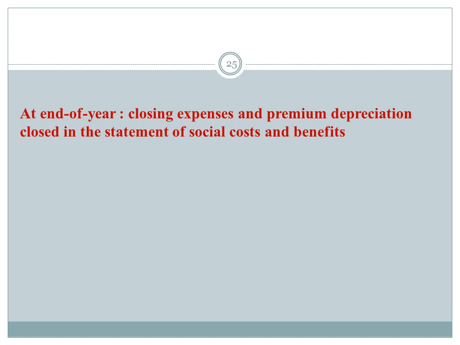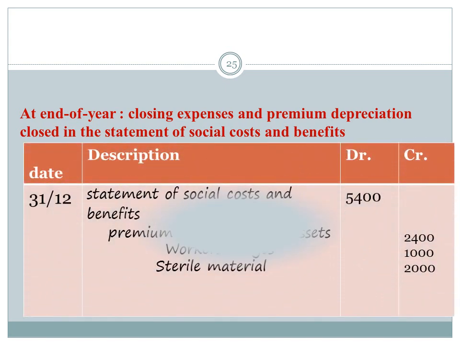Closing expenses and premium depreciation in the statement of social costs and benefits. Premium depreciation, workers' wages and materials. These expenses, firstly, are recorded in the debit side. So when we close these expenses, it should be in the credit side.